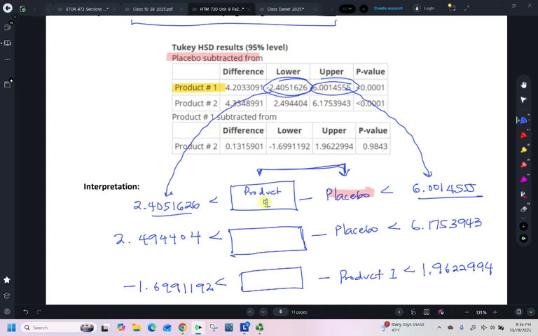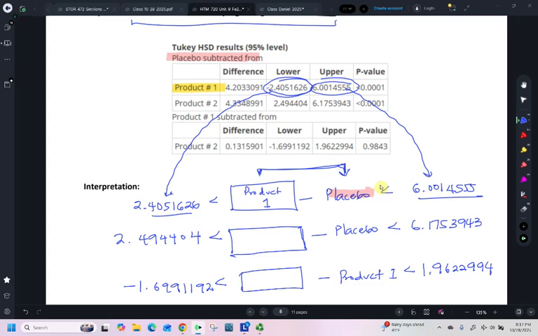So what does that mean? It means that with the placebo as the baseline, the values of weight loss due to placebo taking, if that is the baseline, and you look at how far the effect of taking product 1 is from those who took just the placebo, the range of the 95% confidence interval for that effect is from this value to this value.